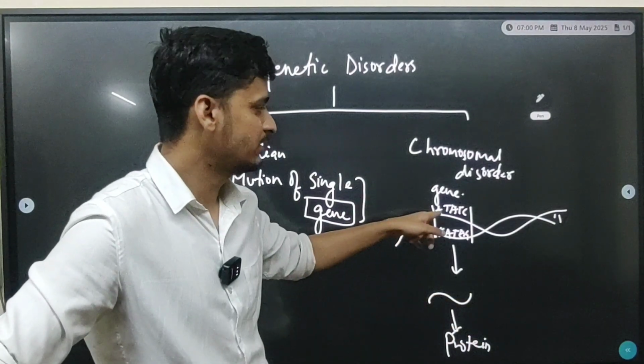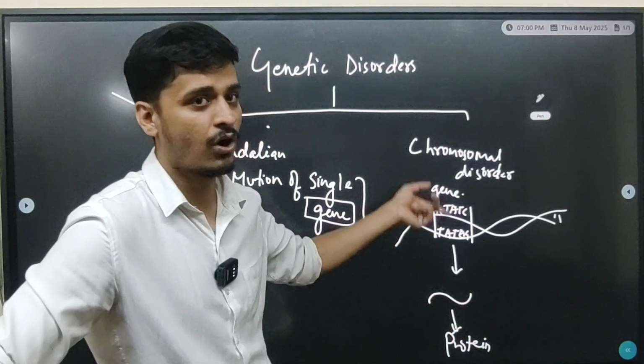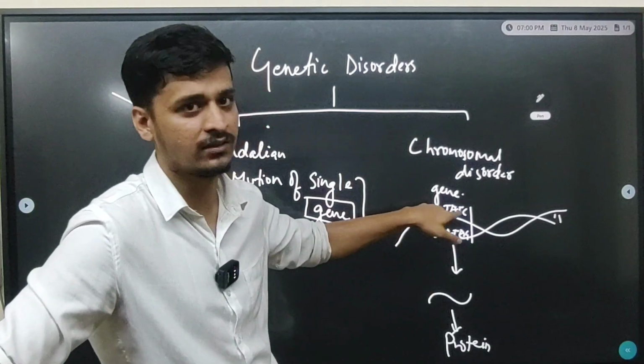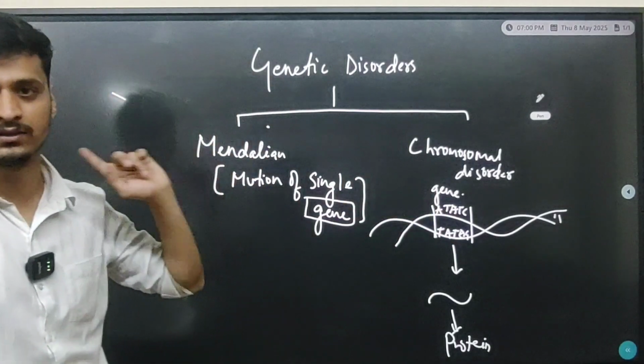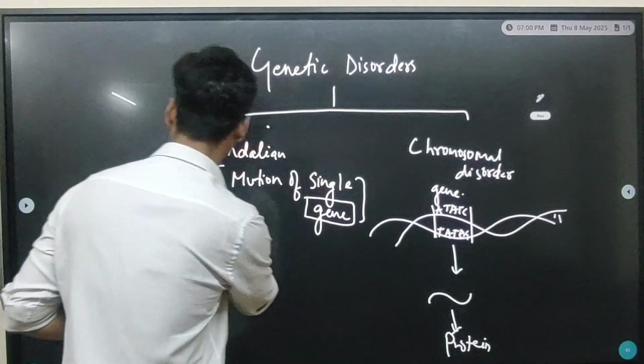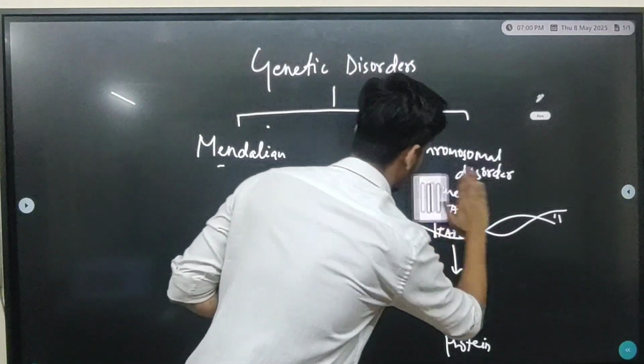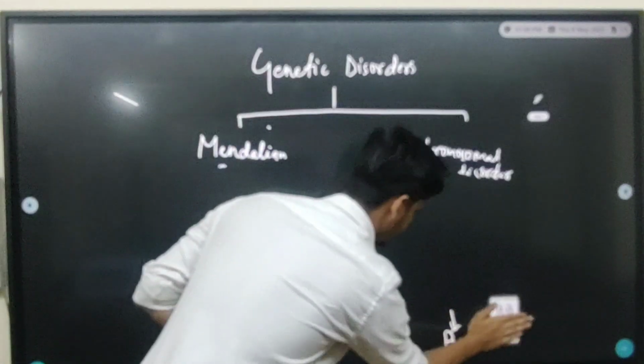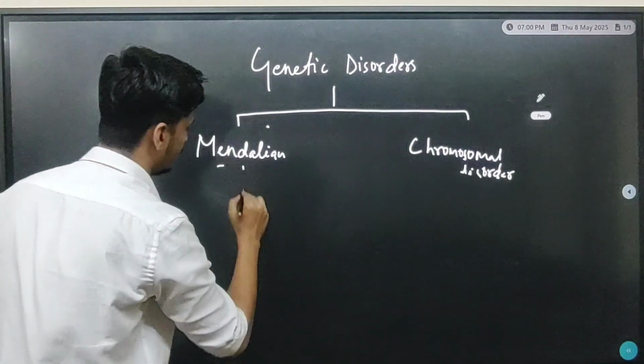Whenever nucleotides are removed or another nucleotide is added in a gene, it will lead to Mendelian disorders. The first Mendelian disorder given in your NCERT is hemophilia.